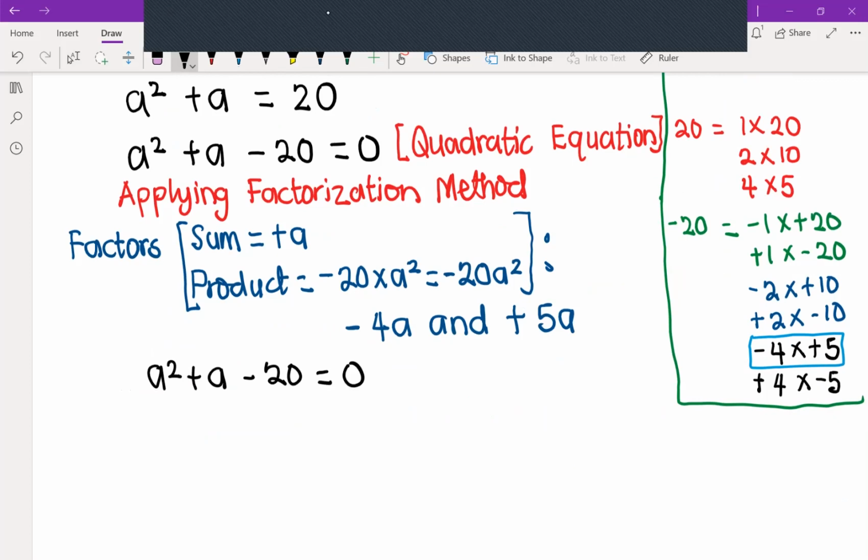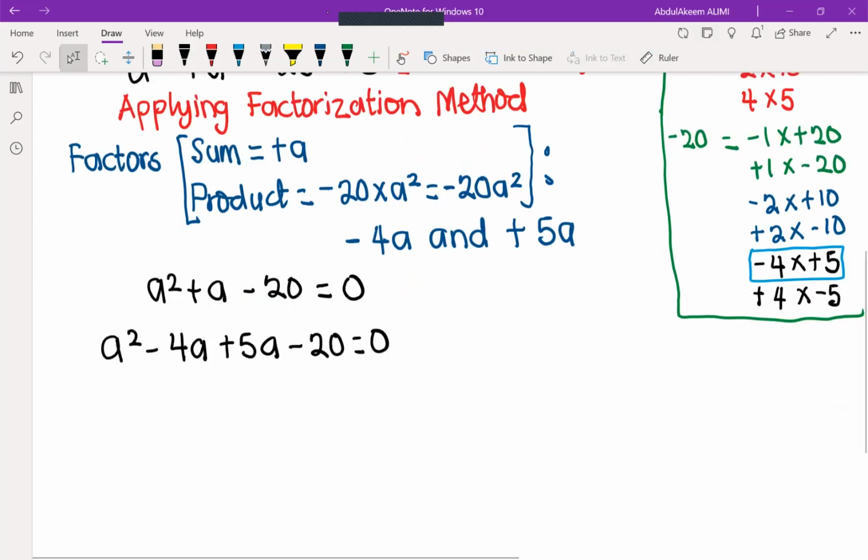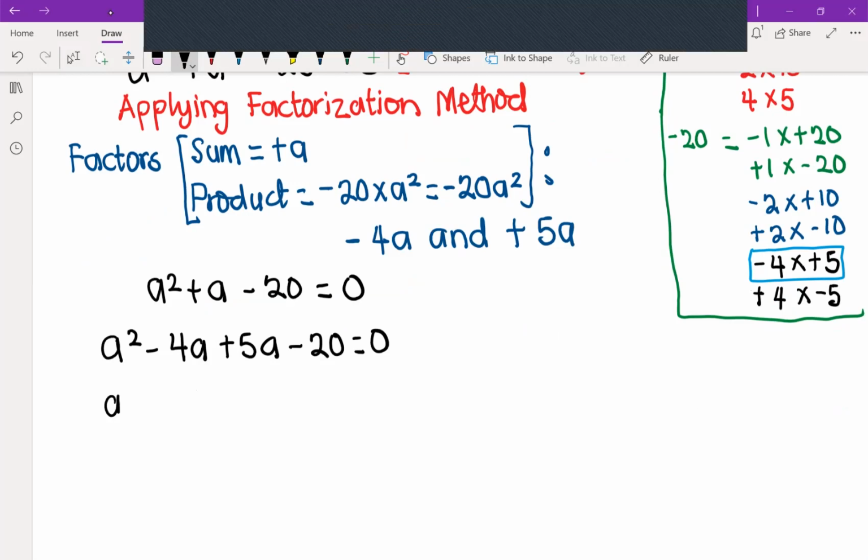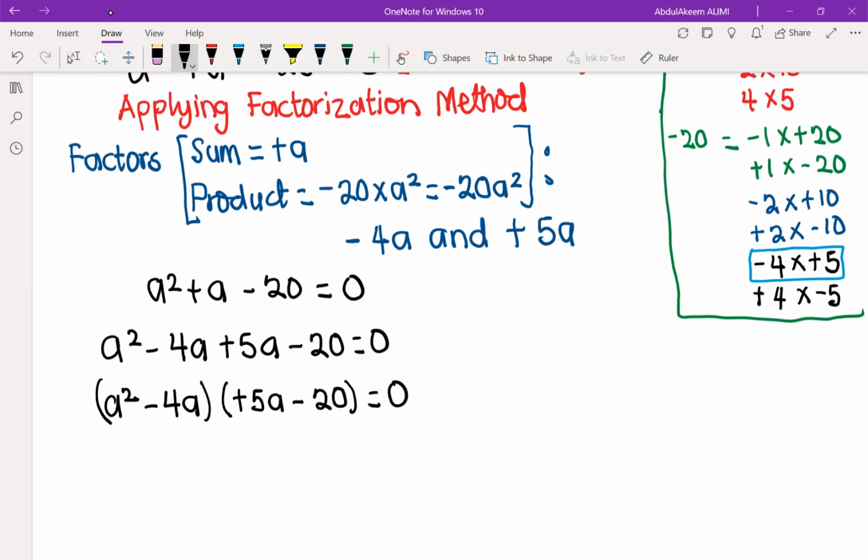When I substitute, I'll replace the middle term. That will become a squared minus 4a plus 5a minus 20 equals 0. I can still rewrite this. I'll factorize by grouping: a squared minus 4a in one bracket, plus 5a minus 20 in another bracket.